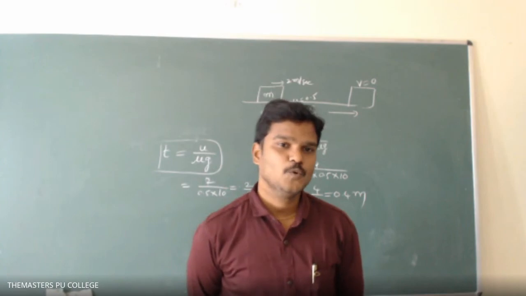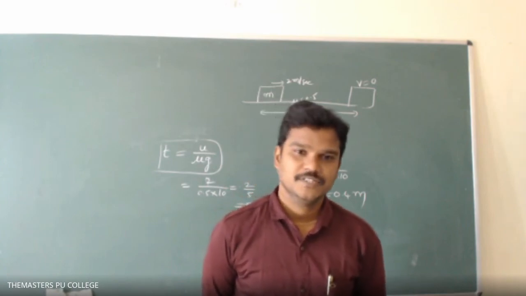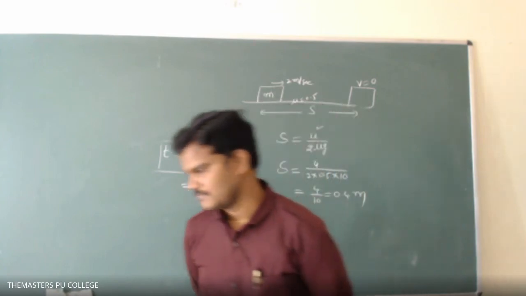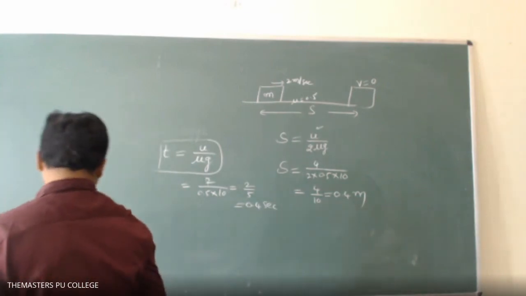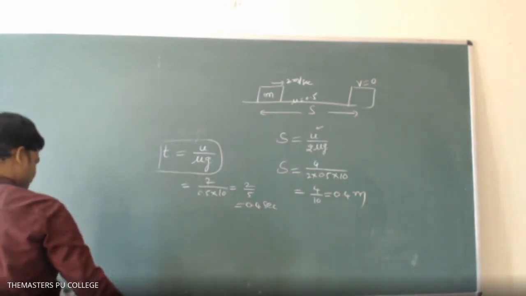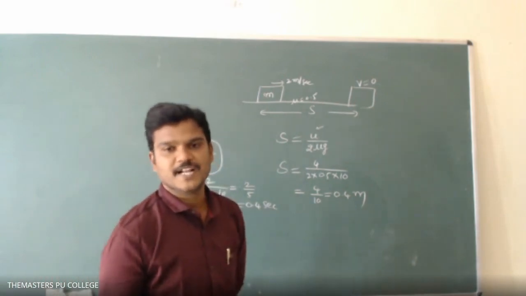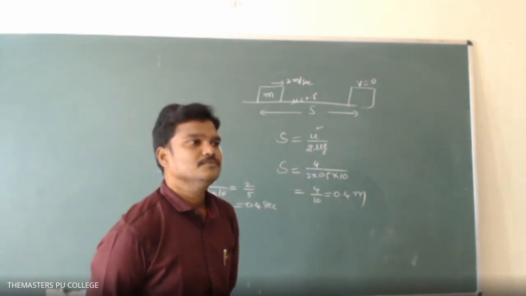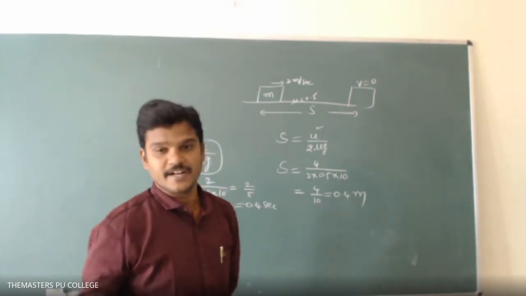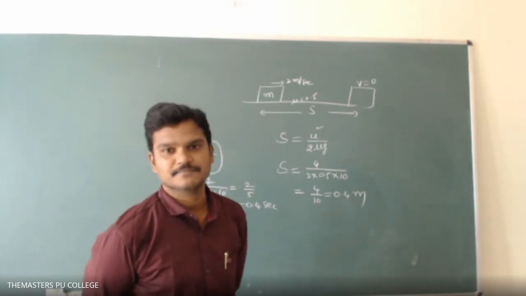If force is doubled, then it moves with an acceleration of 6 meter per second square. Don't think that 8, 6 meter per second square.